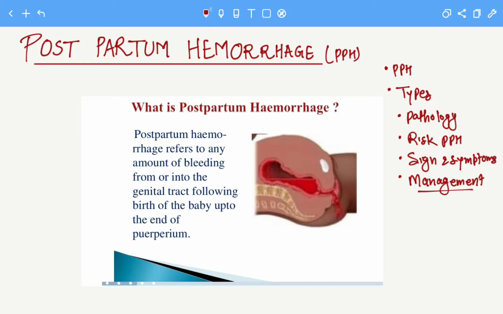What is PPH? It refers to any amount of bleeding from or into the genital tract following the birth of the baby, right?